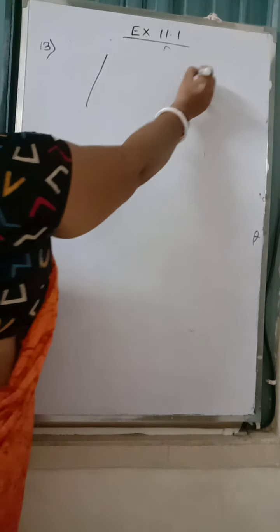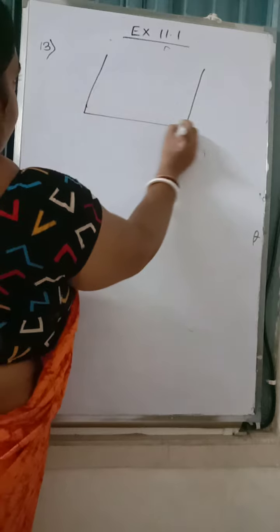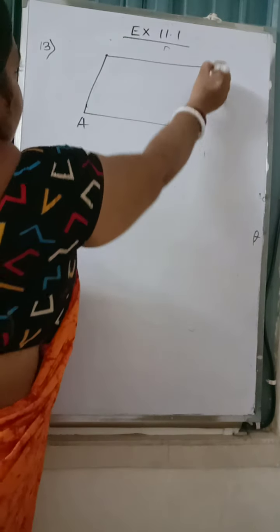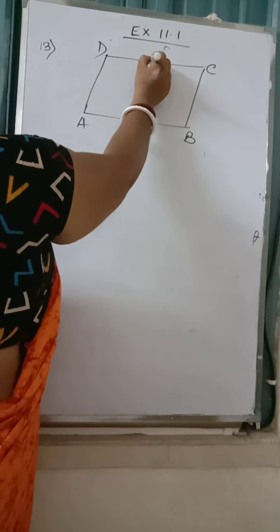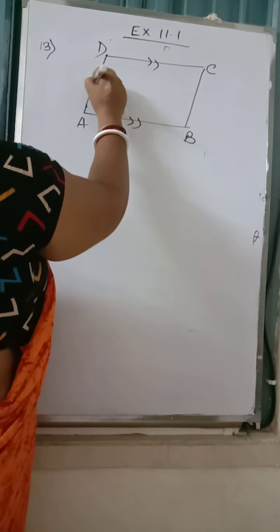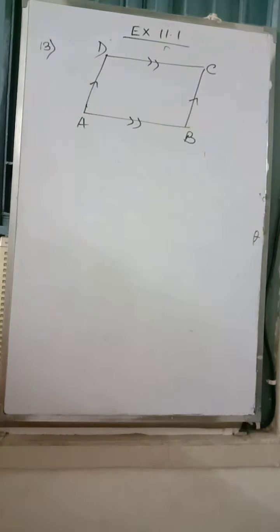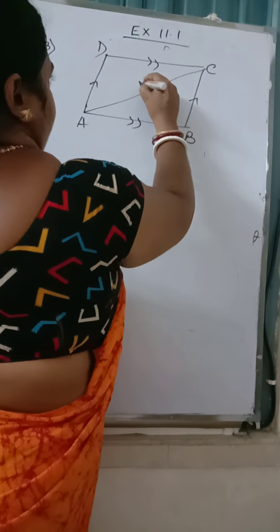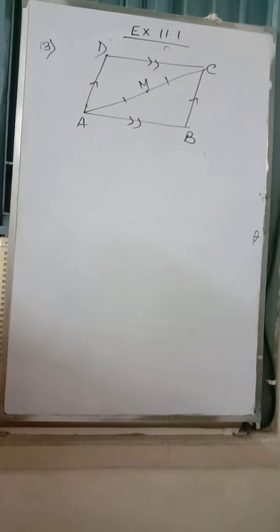Question number 13. ABCD is a parallelogram in which M is a midpoint of AC.